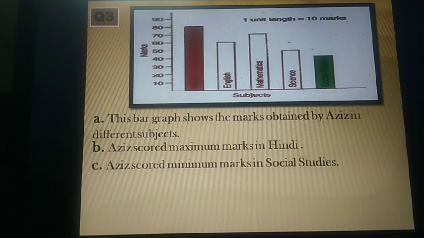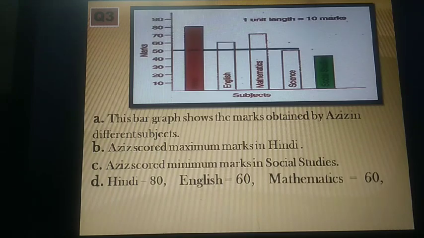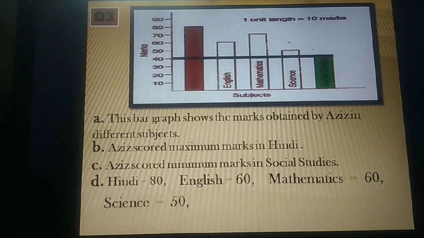So we have to name all the subjects along with their marks. Starting from Hindi, use a scale, it's coming 80. We can write Hindi as 80. Similarly, then English, use your scale, it's 60. Yes. Next, it's mathematics, then science, and similarly social studies.